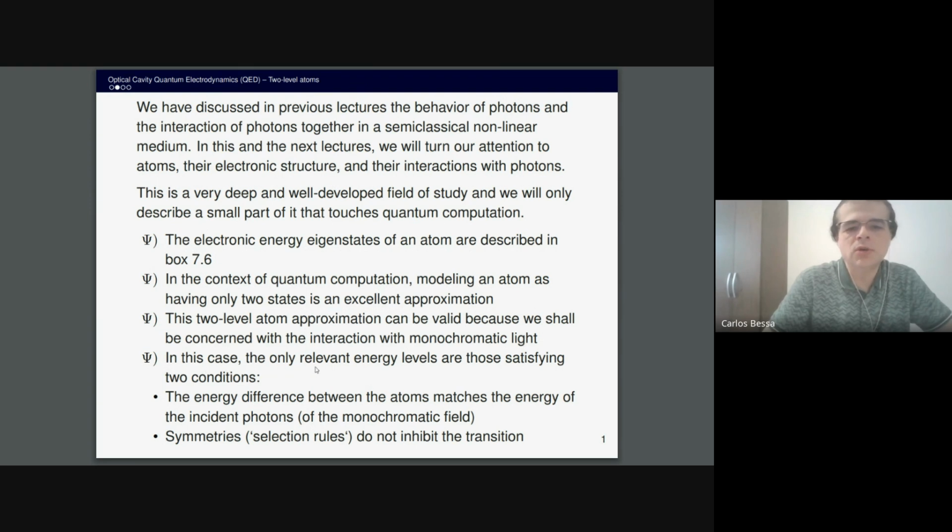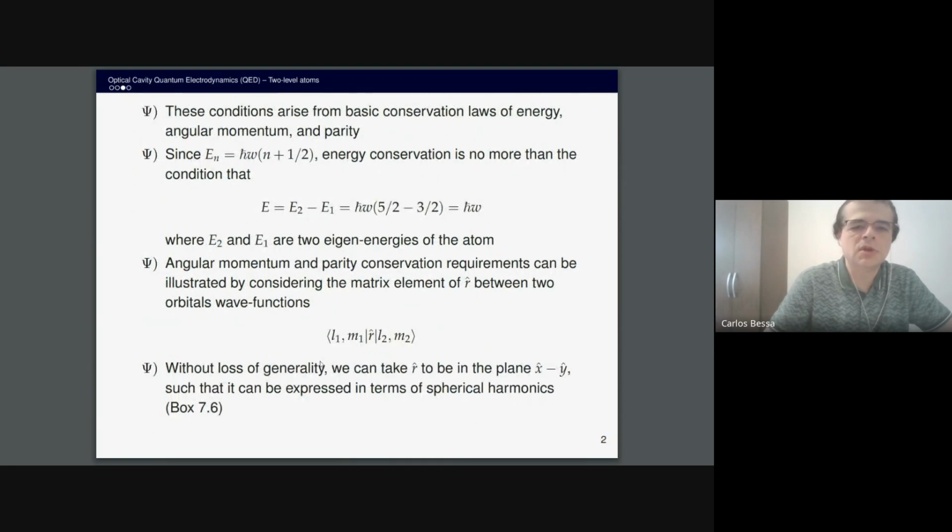In this case, the only relevant energy levels are those satisfying two conditions: that the energy difference between the levels of the atom matches the energy of the incident photons, in the case of the monochromatic field, and that the symmetries do not inhibit the transition. We'll comment a little bit more on these symmetries in the future.